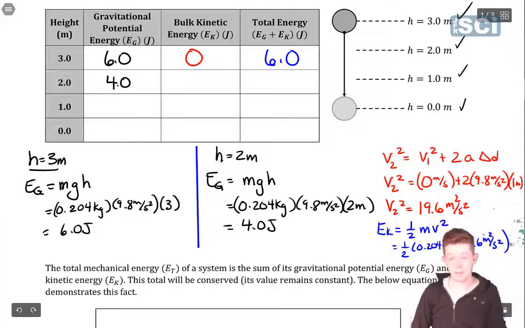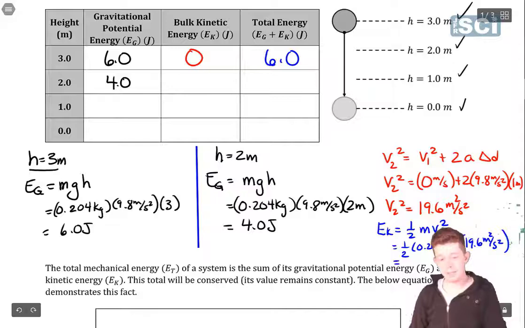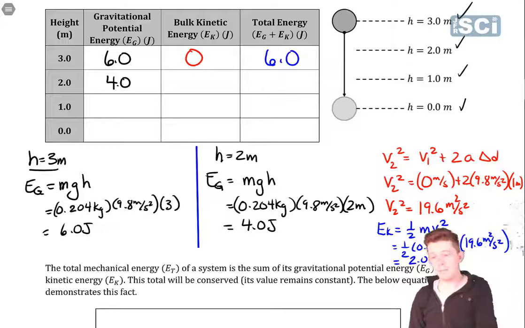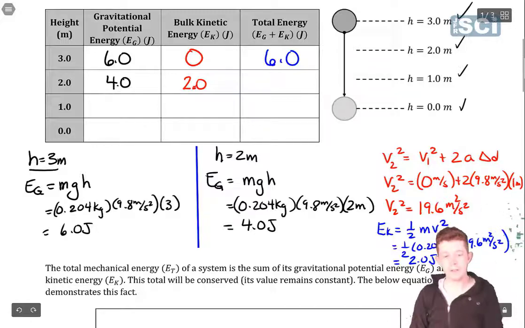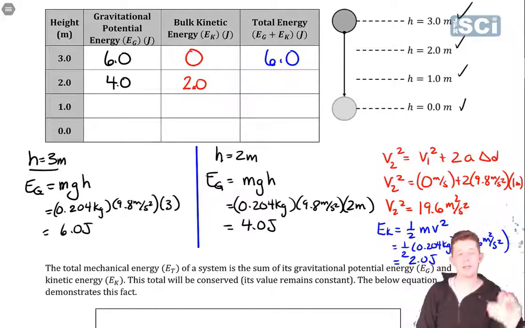When I multiply that through, I get 2.0 joules, which means that my kinetic energy at this point is 2.0 joules. And if I look at its total energy, at this position it has 4 joules of gravitational potential energy.